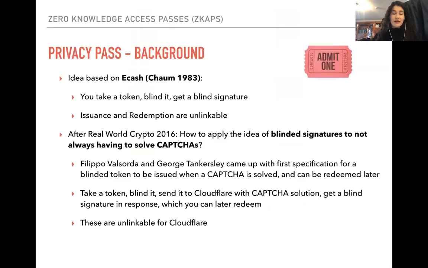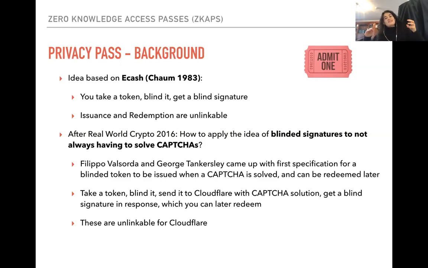And now I'm going to talk about the background of privacy passes. So again, the idea, right? You want to say that you are human, but you don't want to do it all over, so you get a pass. The idea is based actually on a solution by Chaum from 1983, which is called eCache. The idea there is that you have a token and you blind it with a value, and then you get a blind signature from the service.